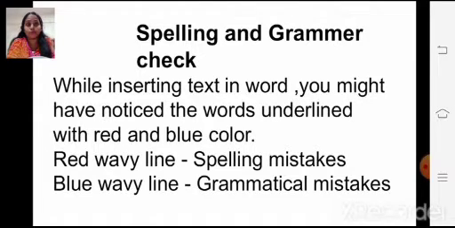In MS Word, while inserting text in a Word document, you might have noticed words underlined with red and blue color lines. Those red wavy lines mean you have made a spelling mistake while typing.